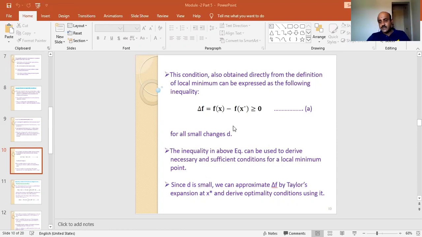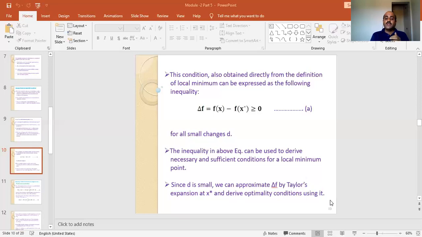Now, since d is very small, we can approximate delta f by Taylor's expansion at x star and derive optimality conditions using it. In the sense, because we are talking about a very small neighborhood of x star, and since we just move a point from x star to x, the difference, that is the increment d, is very small.